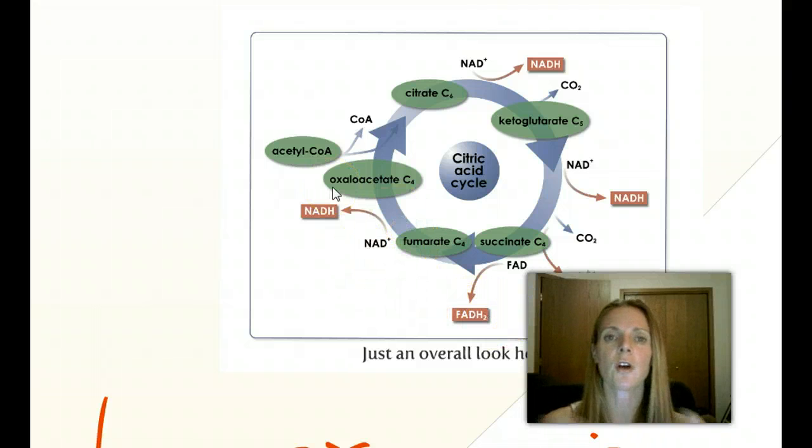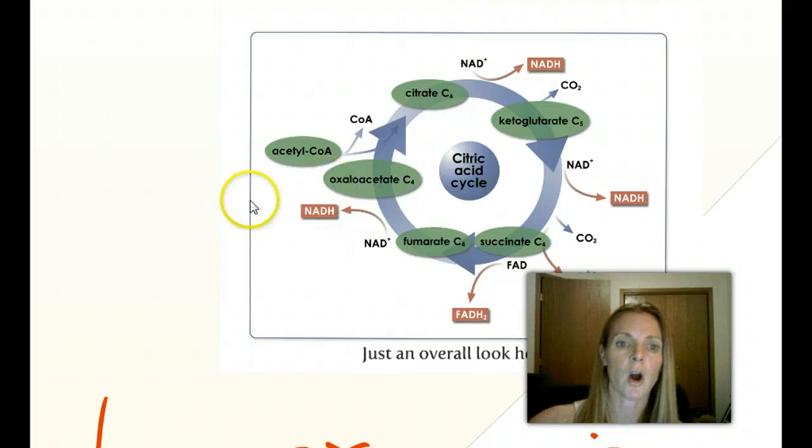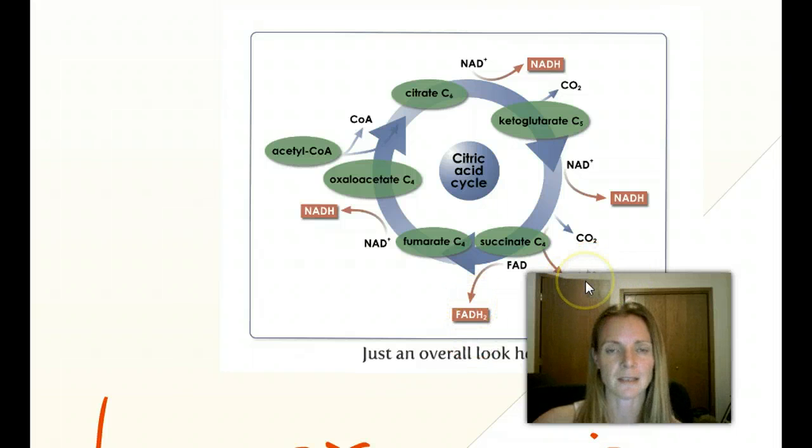So if you notice, there are all of these high energy molecules that, via the electron transport chain, which we're going to talk about, the electron transport chain is coming up next, all of these high energy molecules are going to be transferred basically into ATPs. Okay, so it's very important that through this Krebs cycle, you see that you have NADH produced, CO2 is released, more NADH, more CO2, ATPs, FADH2, which are high energy as well, and some more NADH as well.